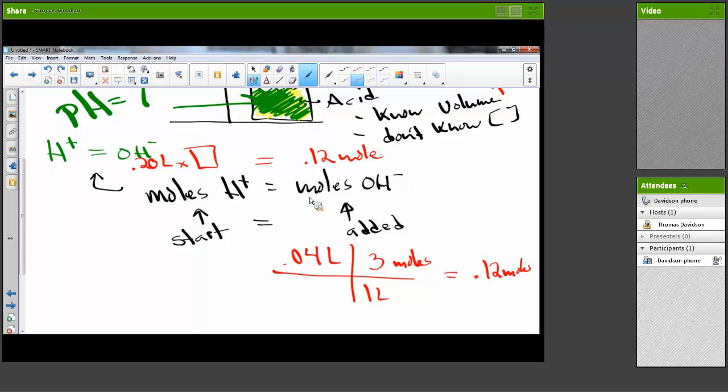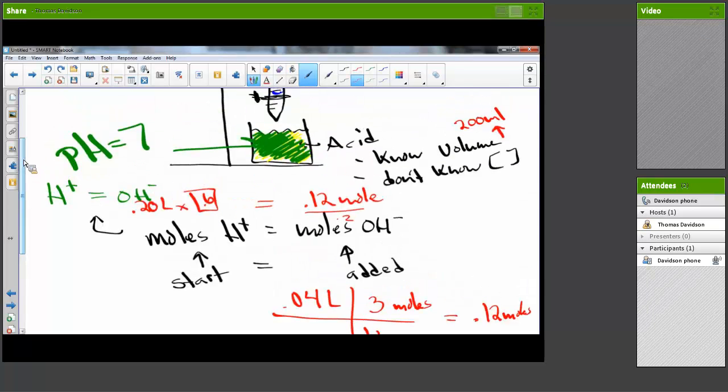So how do I solve this algebra? I take 0.2 over, and I end up with 0.6, right? It's 0.6, right? So my initial concentration that I did not know was 0.6.